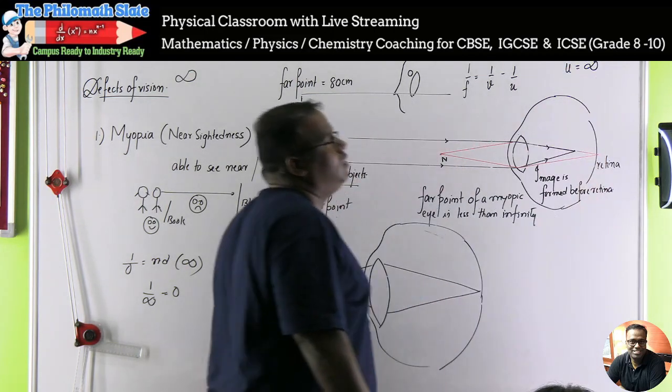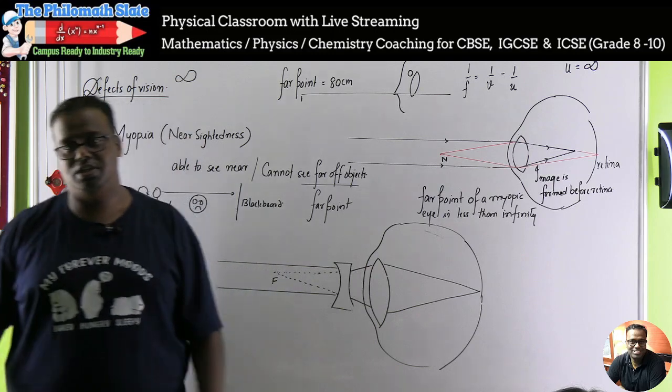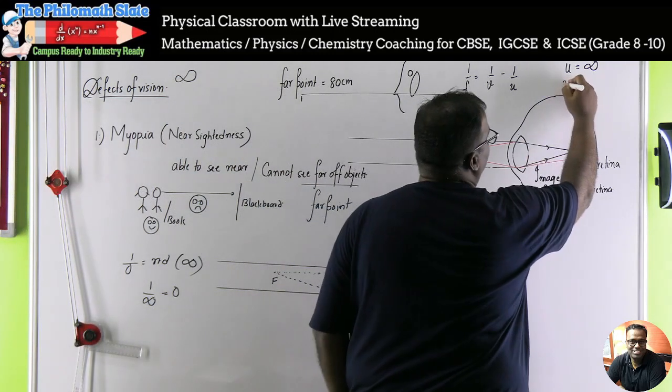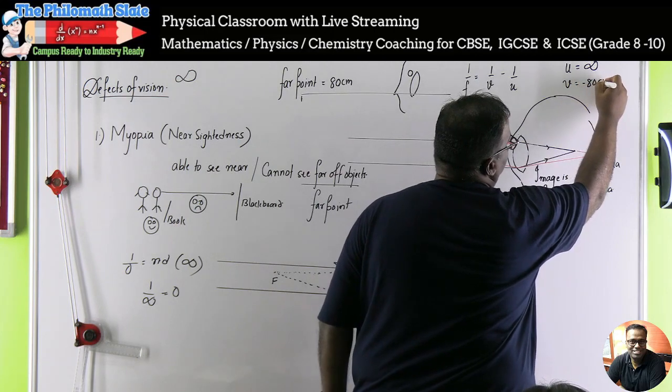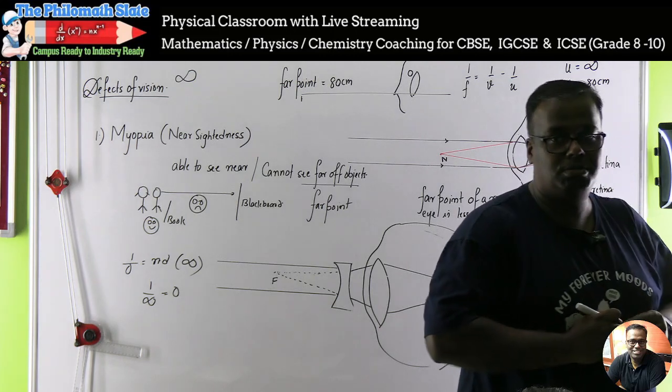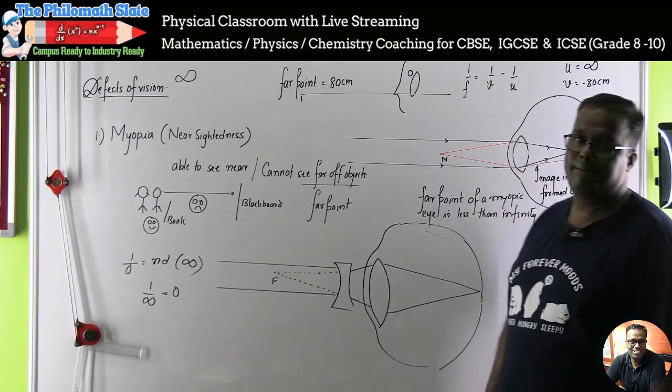Infinity. Sir, why didn't you take the value of u as minus infinity? Infinity is infinity, okay. How much will we take v in the problem? We will take v as minus 80 centimeter, okay? u is this, and then try to solve the problem. Get your focal length now.